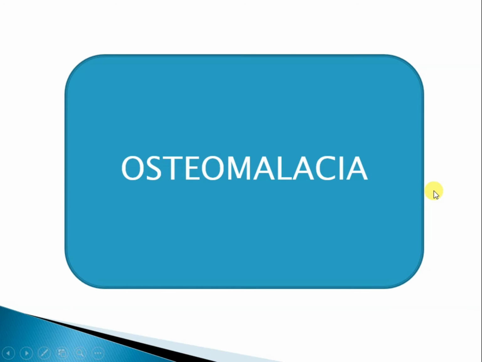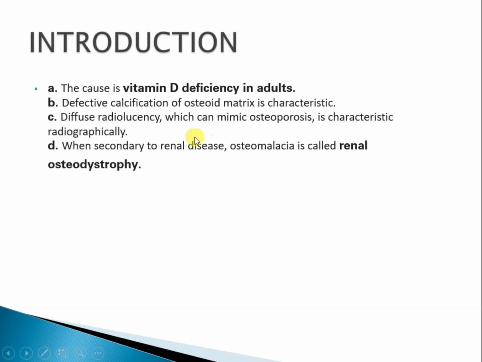Now let's discuss osteomalacia. What is osteomalacia? The introduction: it is caused by vitamin D deficiency in adults. Defective calcification of the osteoid matrix is characteristic, as we have discussed previously. The defective calcification in the epiphyseal or growth plate we term rickets, while the defective calcification in the osteoid matrix we term osteomalacia.